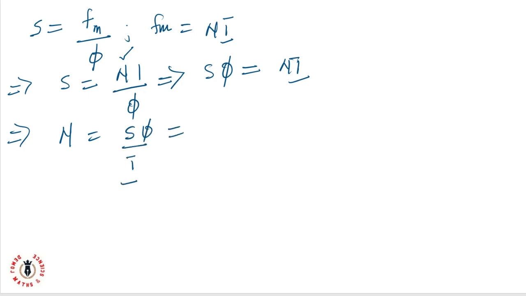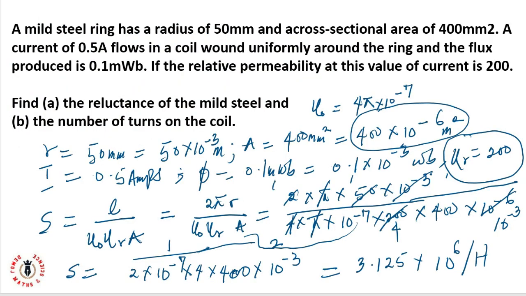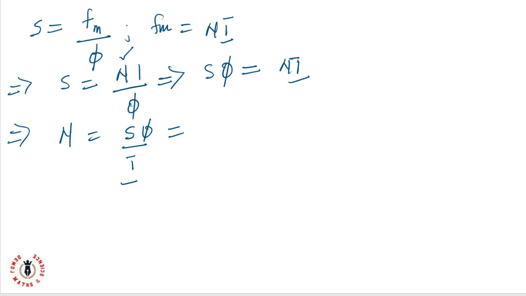So my S, the reluctance of the whole magnetic circuit, is 3.125 times 10 raised to the power 6. This is the value from what we solved. So N will be equal to 3.125 times 10 raised to the power 6, times the flux.